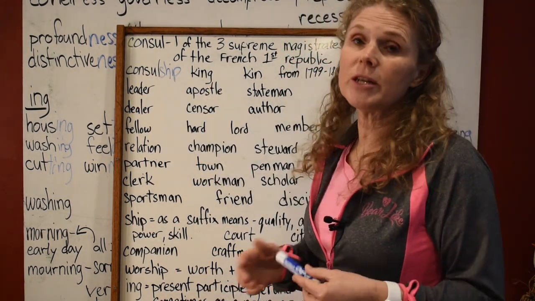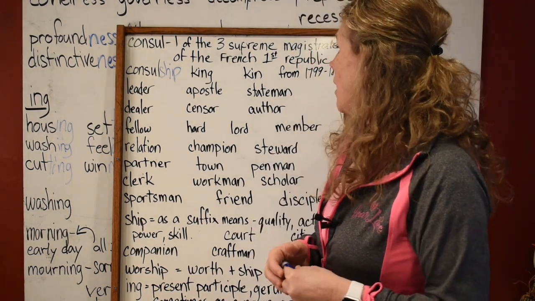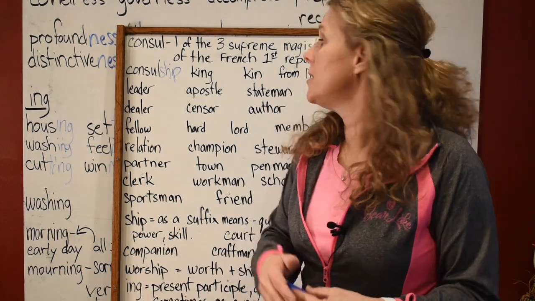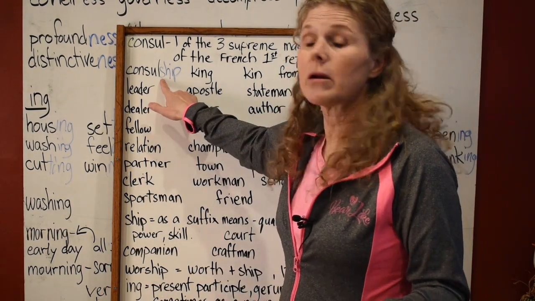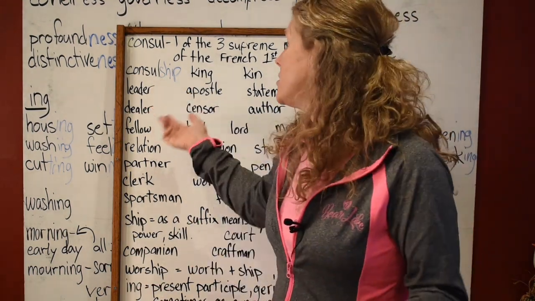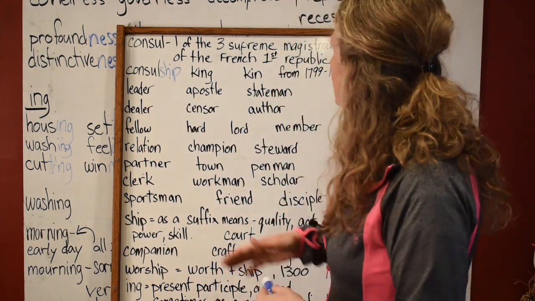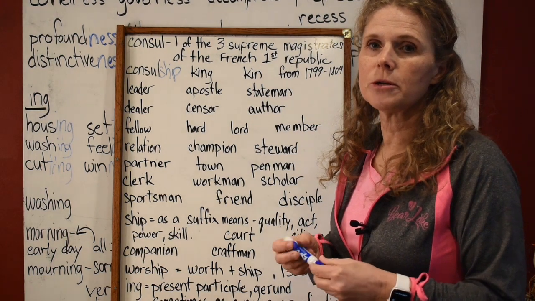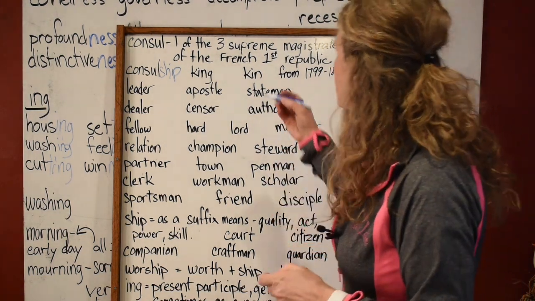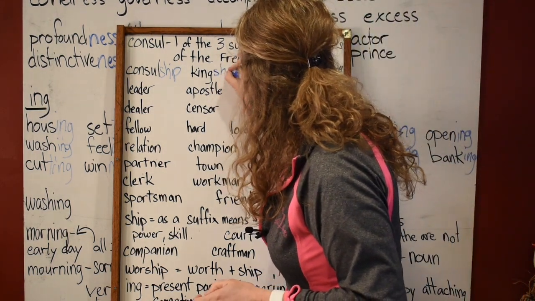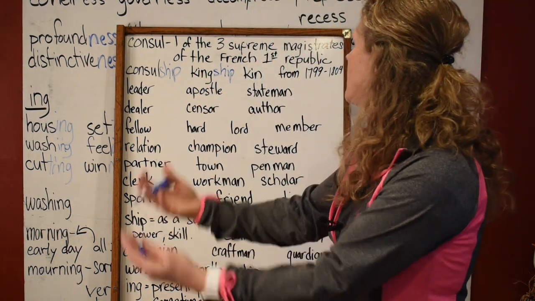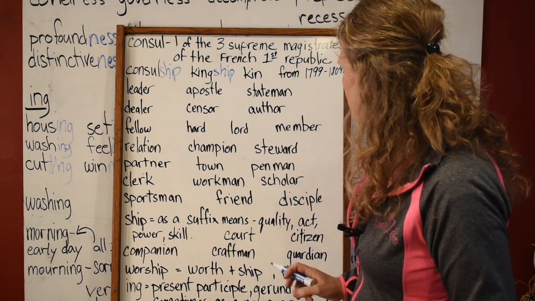If it doesn't have an E, or a Y, you won't have to change anything. The E's you don't drop when you add on consonant suffixes. You don't have the doubling rule. So now kingship, how are we going to add on ship to this word? Yeah, we're just going to add it on. See how we had king, and now we're adding ship to it.